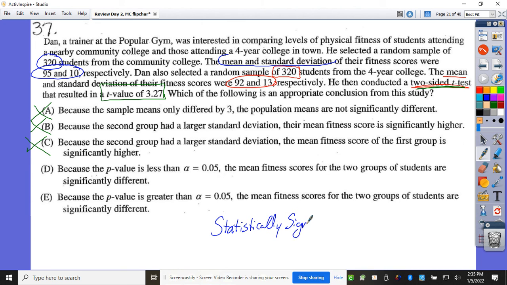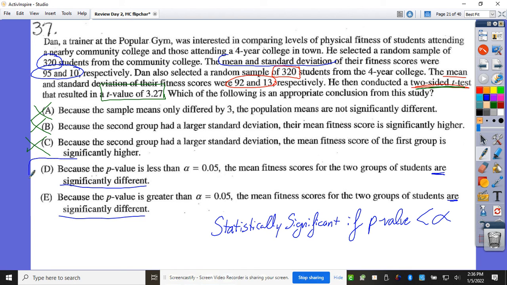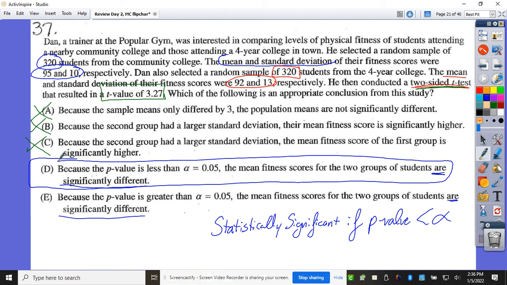When do we decide that something is statistically significant? P-value is less than alpha. Well, both of them say, yes, statistically significant. One of them says the p-value is less, and one of them says p-value is greater. Which one of those is correct to say statistically significant? So I can get this entire answer without ever actually doing any math.